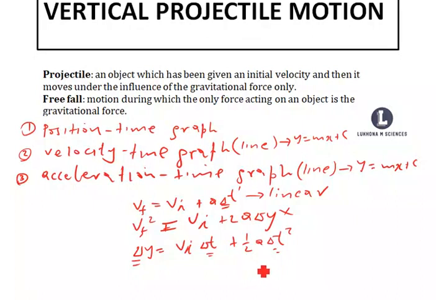But there is a square here, which means this one is a parabolic function. So the position time graph will be a parabola, or we can say a curve. So it's parabolic.